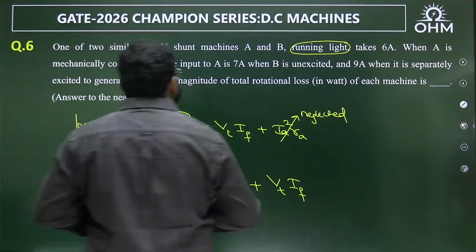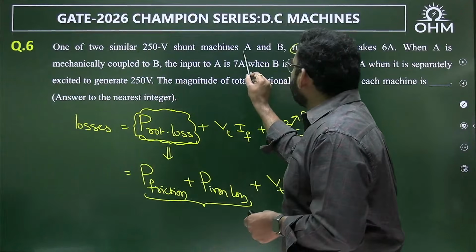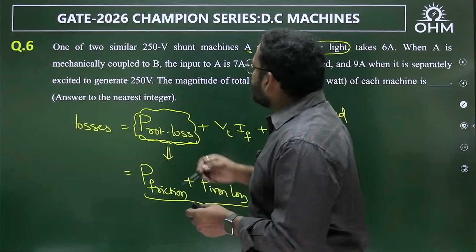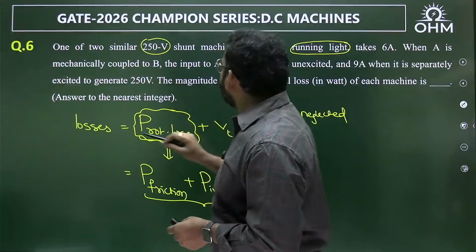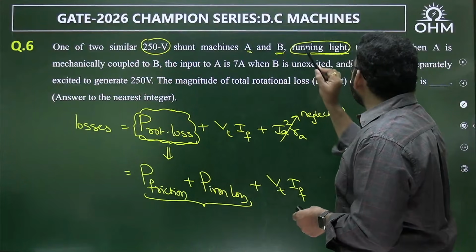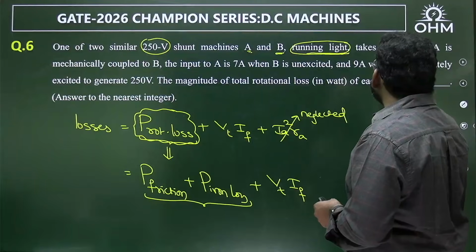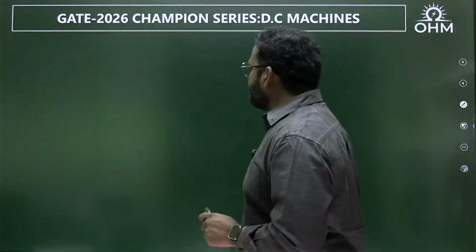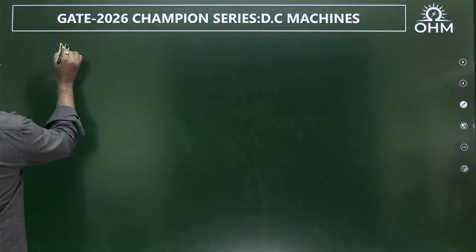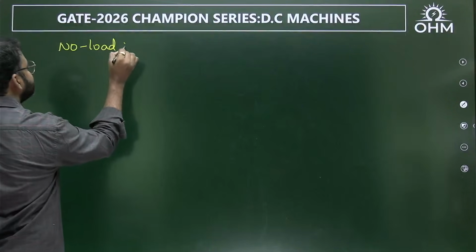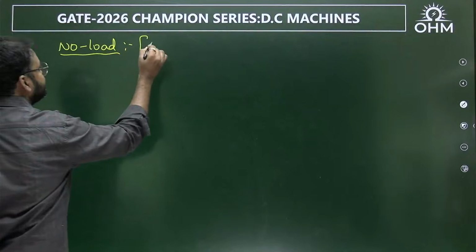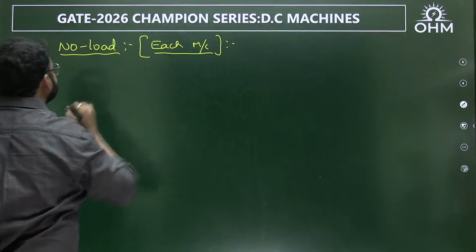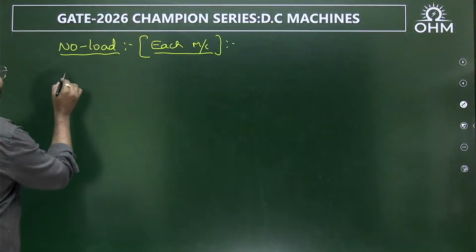First of all, how many machines are there? Two machines, machine A and machine B. Both are 250 volt machines. Initially, they are under no load condition. Each machine was taking 6 ampere. No load current is equal to 6 ampere. So first let us check the no load condition. During a no load condition, each machine, what is the supply voltage? 250 volt.